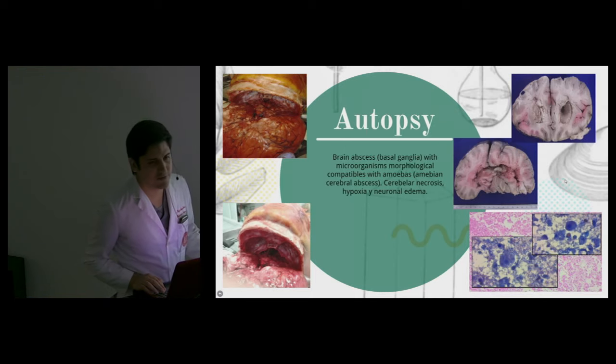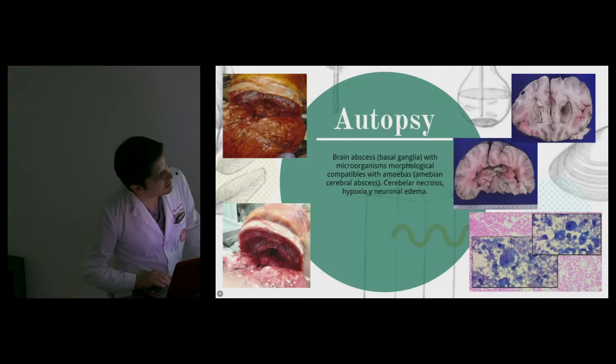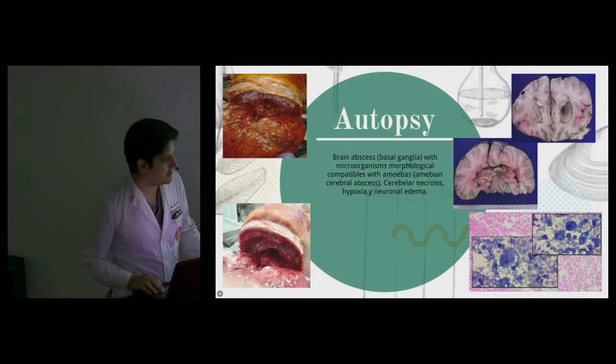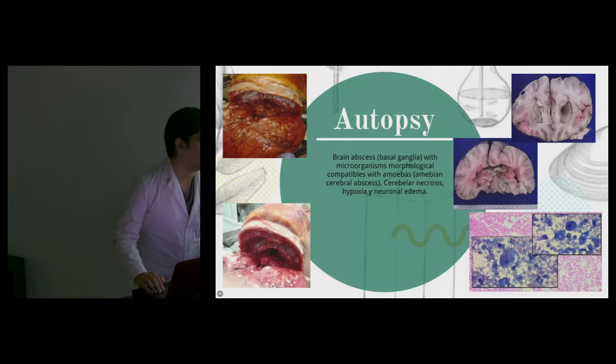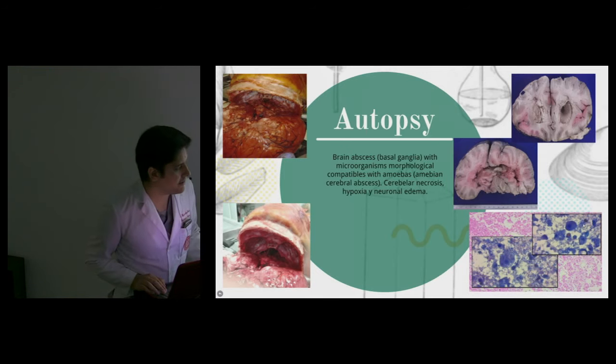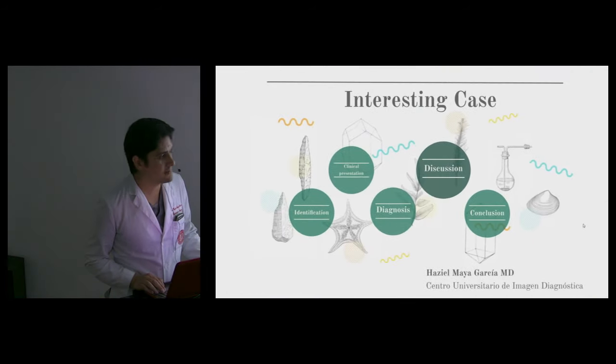These are the images from the autopsy biopsy, and here you can see the microorganisms that are compatible with amoebas. We think the most probable agent is Balamuthia mandrillaris. That's it. Thank you so much.